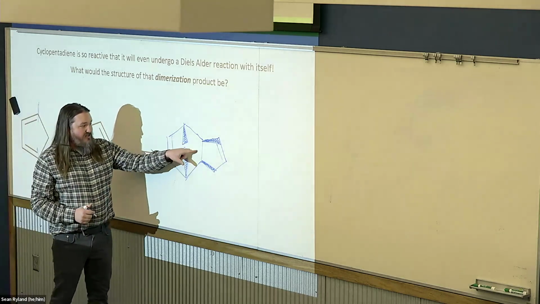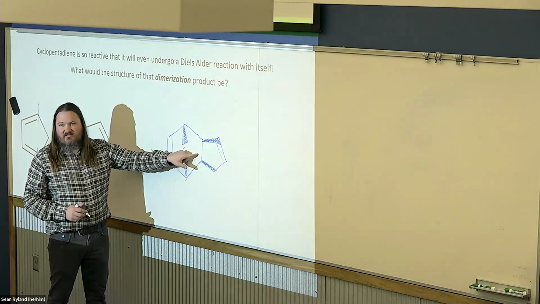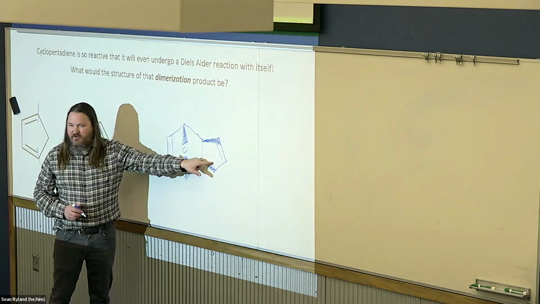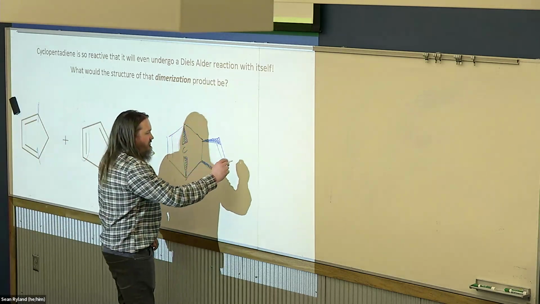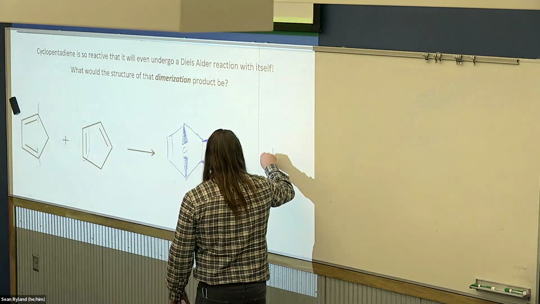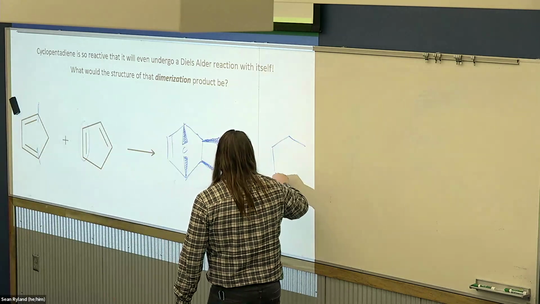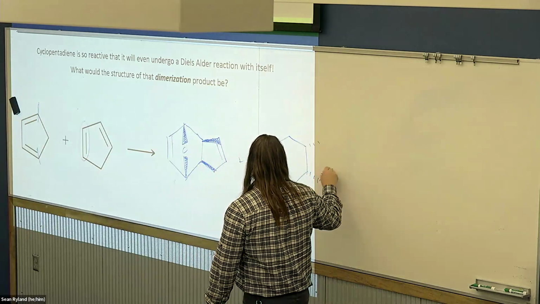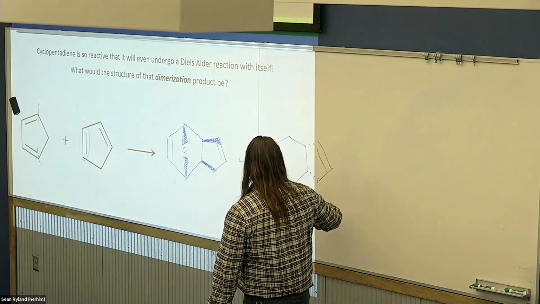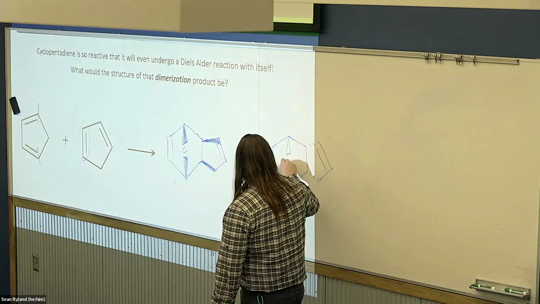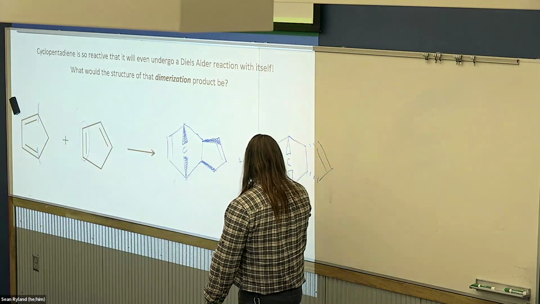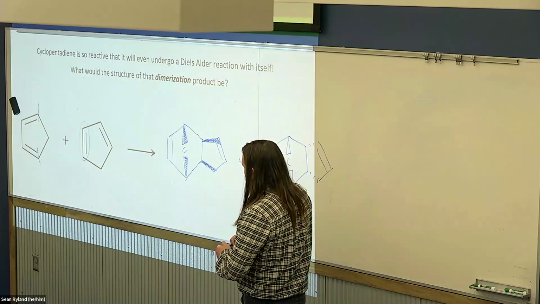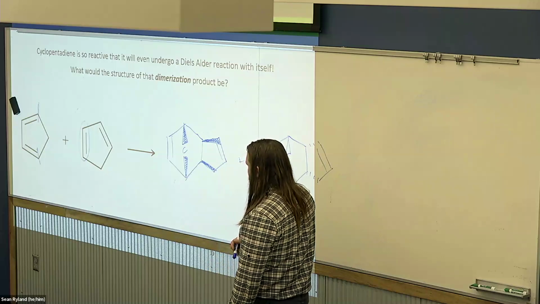And again, the cyclohexyl part does look like it'd be meso, but because we have this leftover pi group here, we do have some asymmetry here. So we would also get this version.